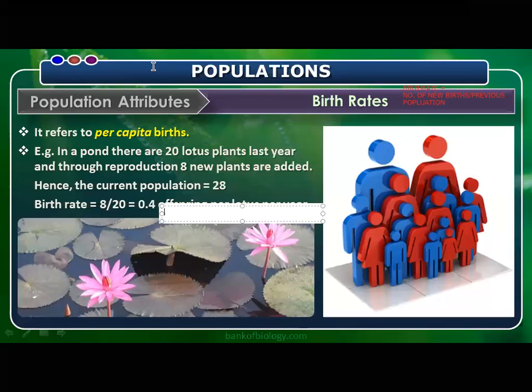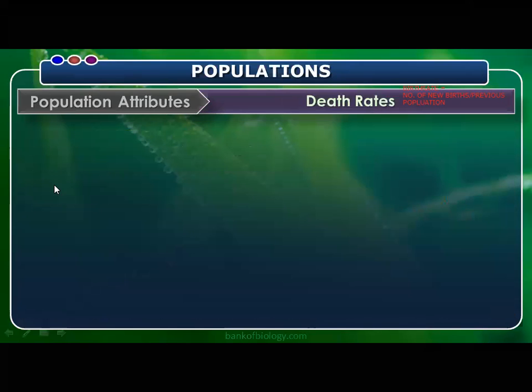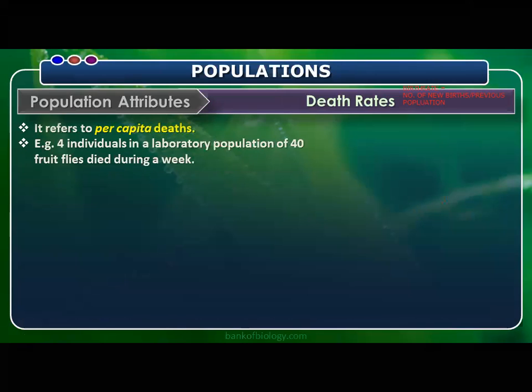Okay, next, moving on: the death rates. Same again, per capita deaths, the total number of deaths in one particular year. The example here: 4 individuals in a laboratory population of 40 fruit flies died during a week. So the death rate is calculated as 4 by 40. Here again, you have to see.